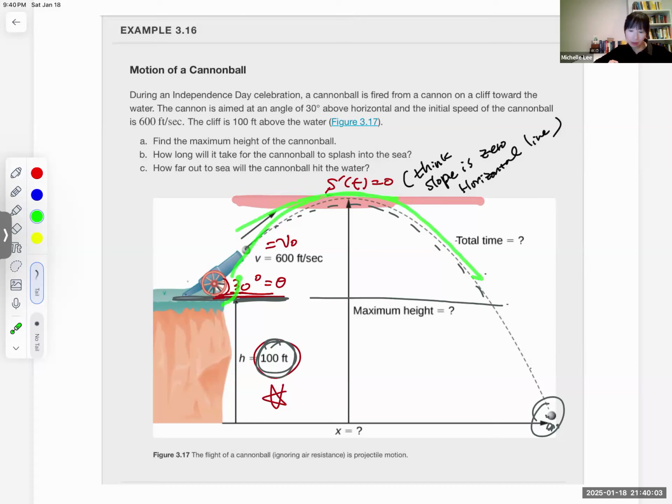It's aimed at an angle of 30 degrees above horizontal, and the initial speed of the cannonball is 600 feet per second. So that will be the V naught, the initial velocity, right? The cliff is 100 feet above the water. We want to find the maximum height of the cannonball. Yeah. So what is the maximum height from the water or from the cannonball? Yeah.